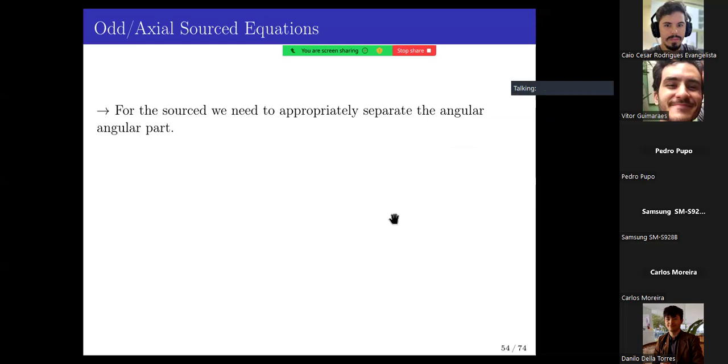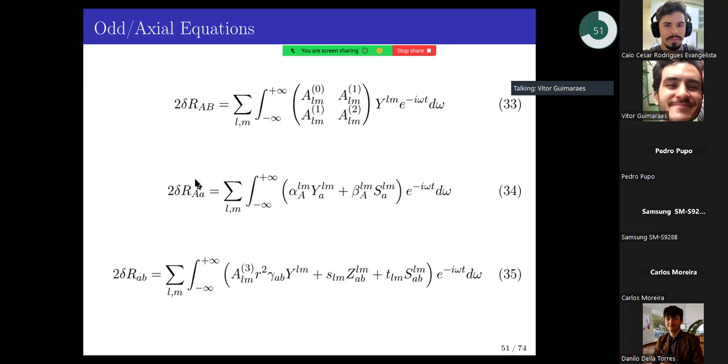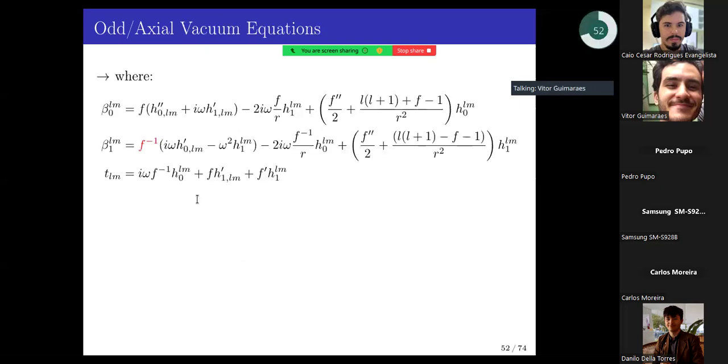We will multiply some components of these Ricci tensors by some terms and combine one term with another so that we can construct the orthogonality properties, and then we're going to integrate over the two-sphere so that we can separate them, right?